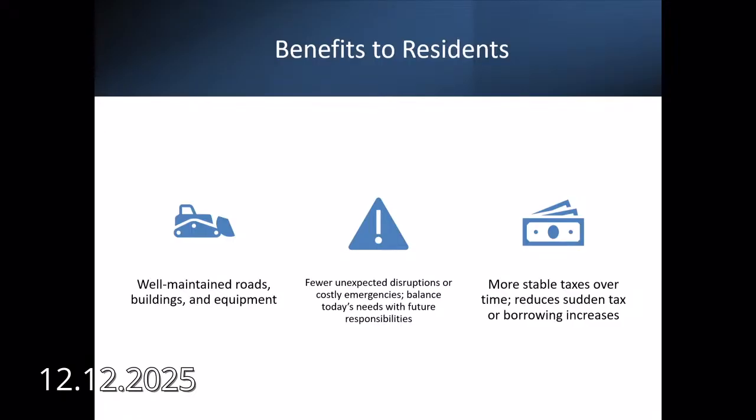So when we're looking at it on a long-term basis, it allows us, in essence, to save up for these purchases so that year to year, we're bringing a stable amount into our savings for capital assets rather than waiting for the last minute for something to break and then figuring out: are we going to borrow for it? Are we going to buy it outright? Are we going to lease it?